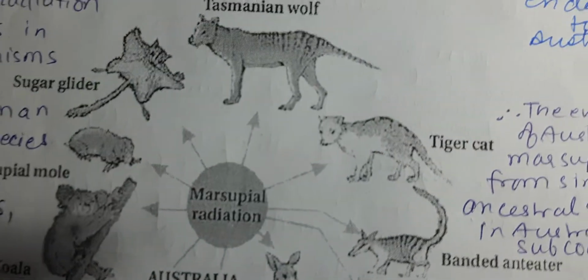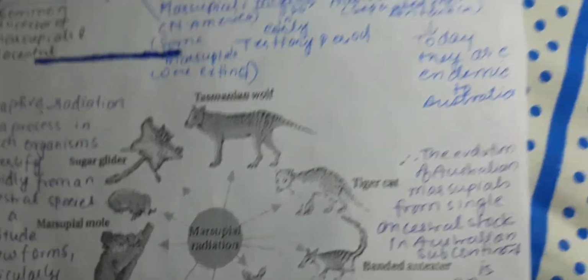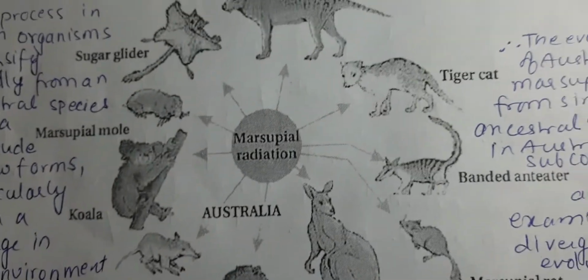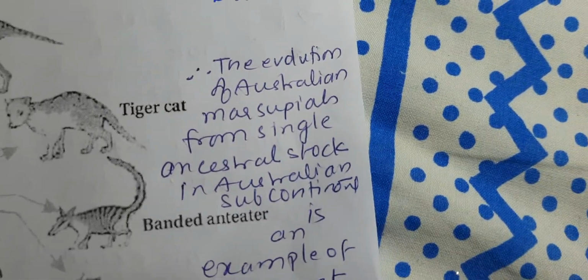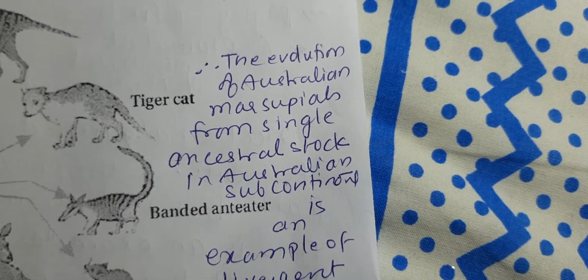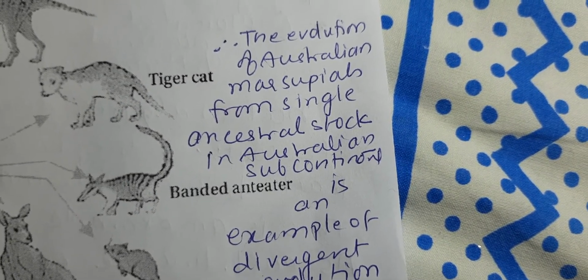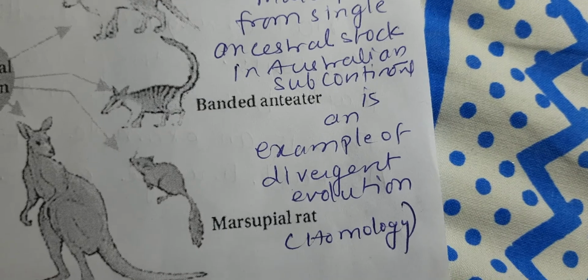So this is how adaptive radiation comes as a mode of evolution.